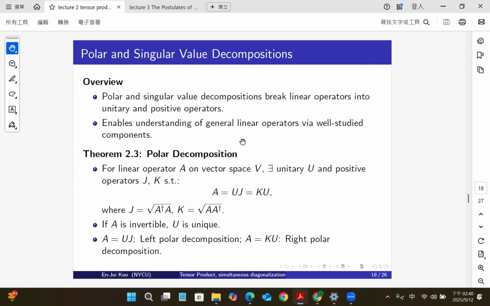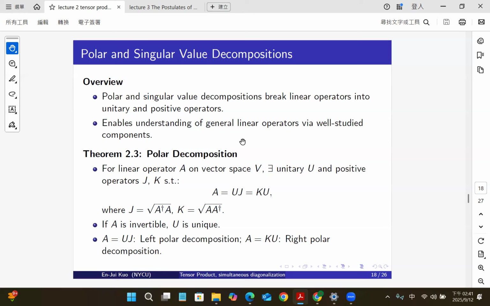So in your linear algebra course, you heard about diagonalization, but in fact, not all matrices can be diagonalized. So in linear algebra, there are various decompositions for general matrices.